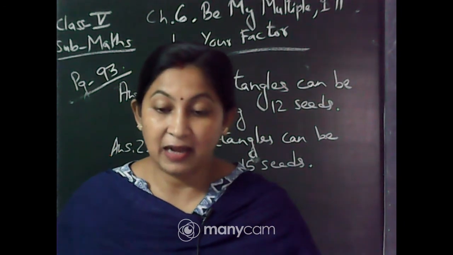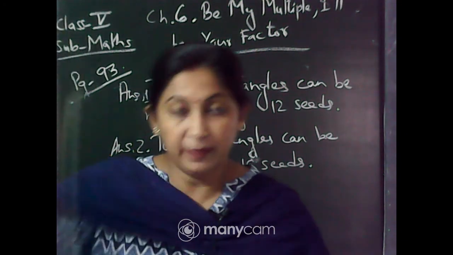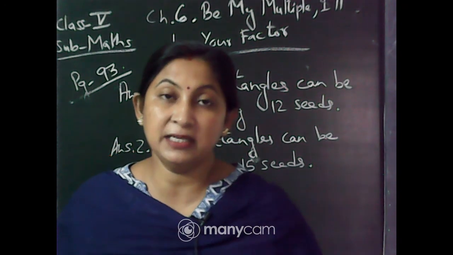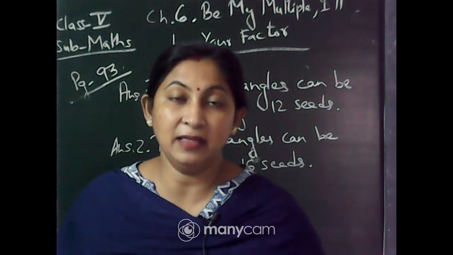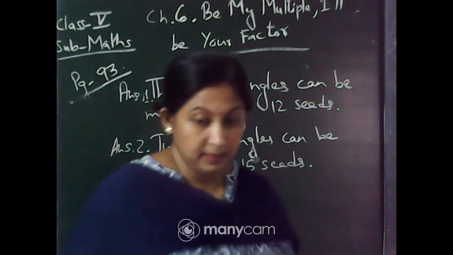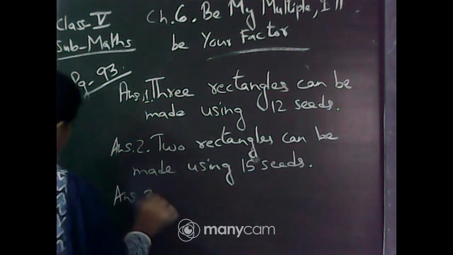What is its length? Now quickly tell me what is its length. The biggest side is the length, isn't it? So quickly count how many boxes there are in the length. Exactly, it is 10 boxes.